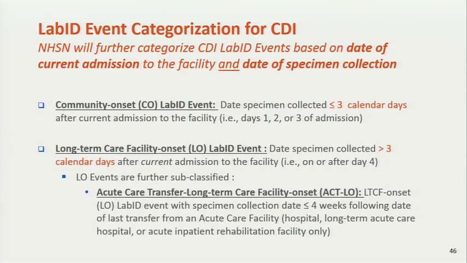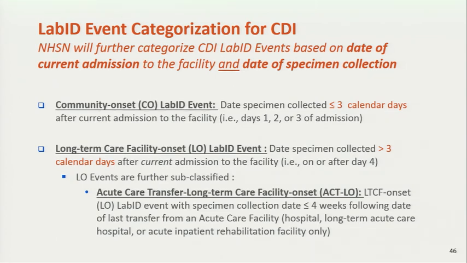In addition to incident and recurrent, NHSN will further categorize CDI LabID events based on the date of current admission to the facility and the date of specimen collection. You have your community onset LabID events, and that is defined when the date of specimen collection occurs 3 days or less after the current admission to your facility.